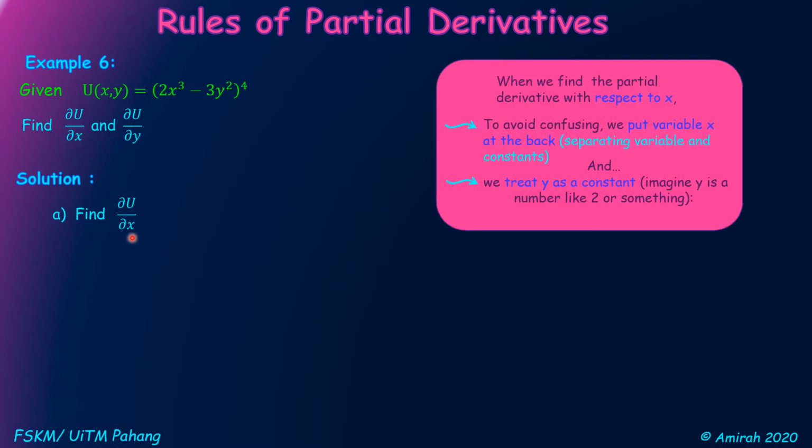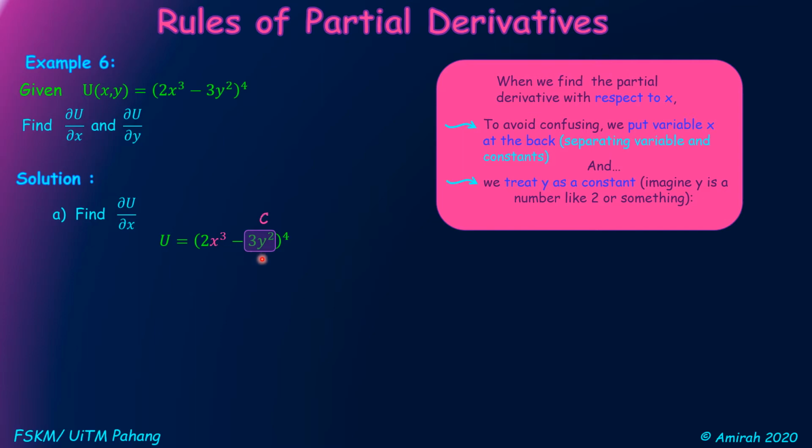Del u over del x means the partial derivative with respect to x. So to avoid confusion, we put variable x at the back and we separate variable x and constant. Okay? And we can write variable x in a different color.